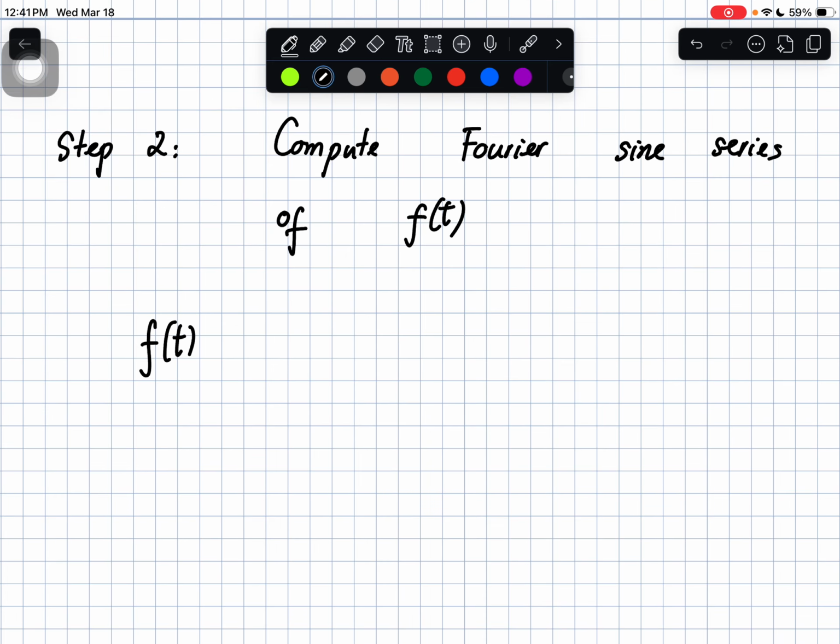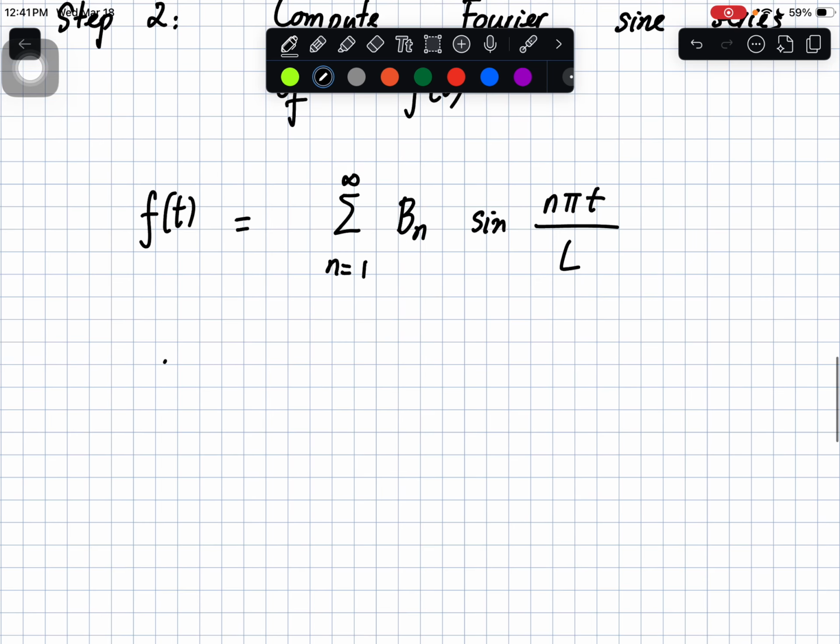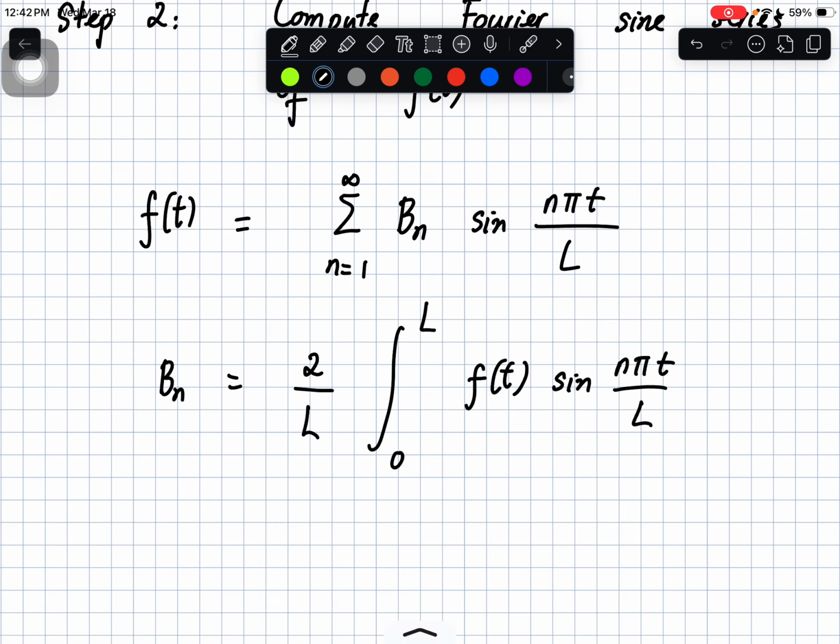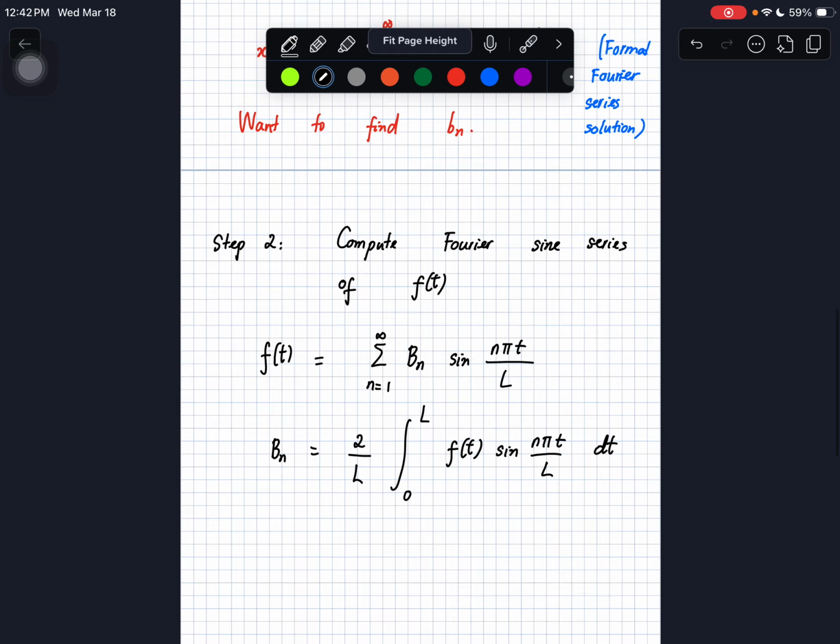Compute the Fourier sine series of that forcing term: the summation of big B_n sine(n pi t over L), from 1 to infinity. Big B_n is given by 2 over L, integral from 0 to L of f(t) sine(n pi t over L) dt. So you need to compute that.